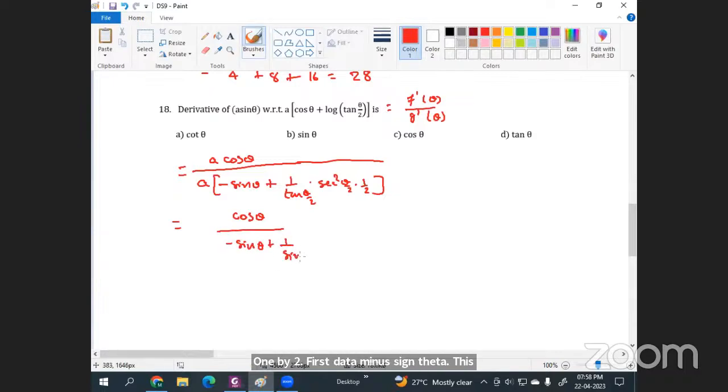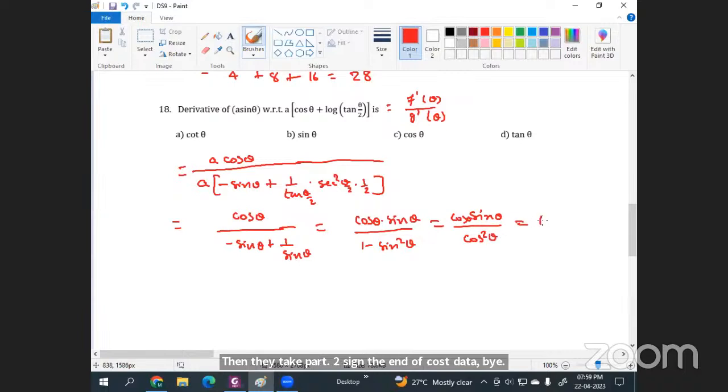This will get 1 by sin theta now. Check it. Then equal to cos theta into sin theta by 1 minus sin square theta. Then that equals sin theta into cos theta by cos square theta. So that will get cancelled, tan theta. Nagapriya, check it. Am I right? Tan theta is correct, right? Yes. Very good.